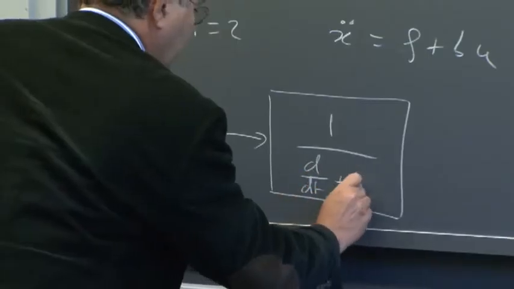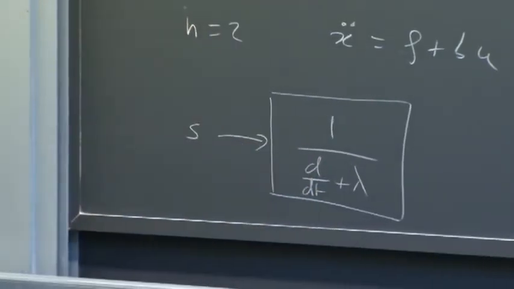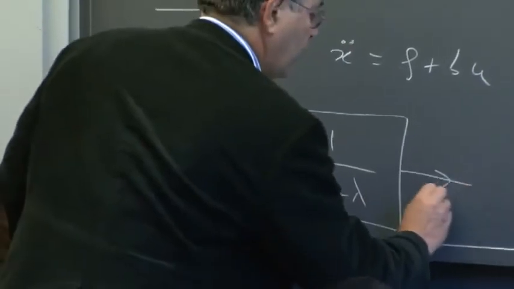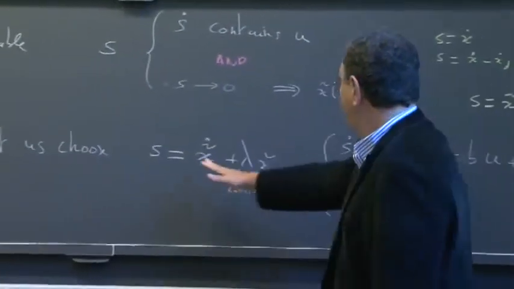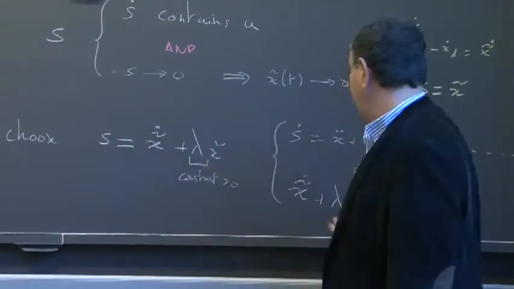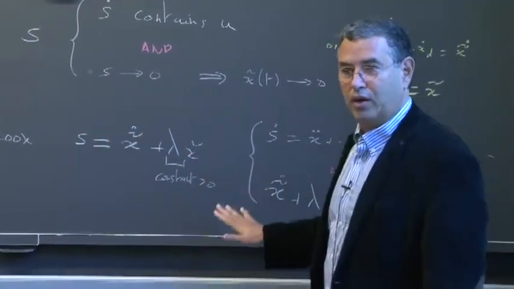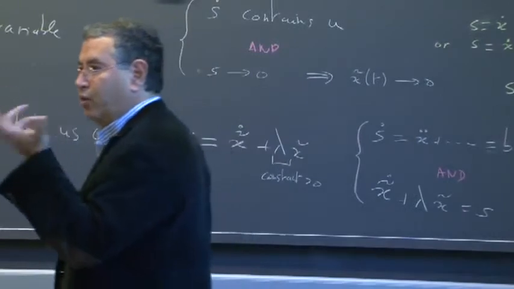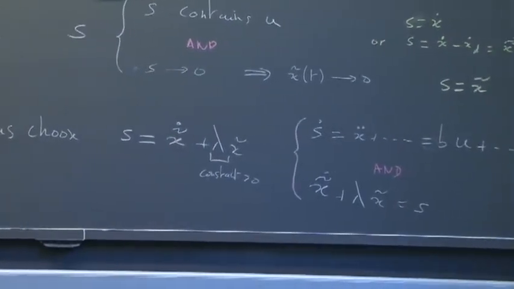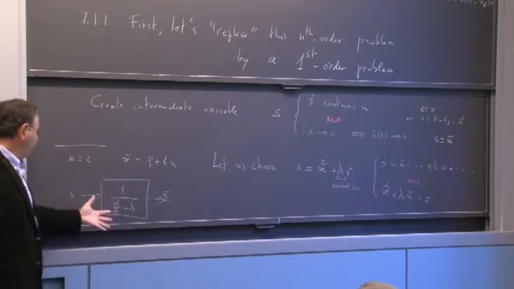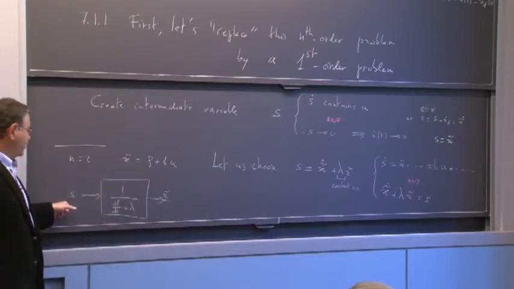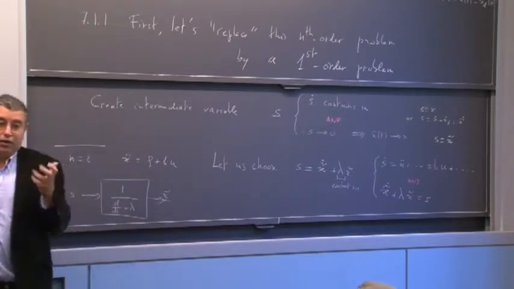Since I don't use the S variable for Laplace, I just use d over dt. And I get x tilde, right? So in other words, the computer computes this, right? But you can interpret it this way. Namely, you can say, well, this equation of S can be viewed as the equation of a filter where S is the input and x tilde is the output.